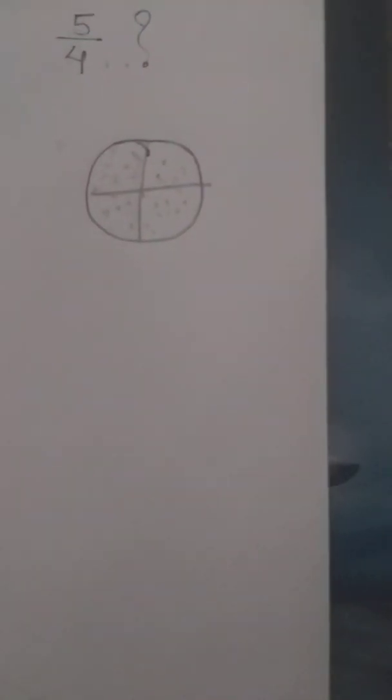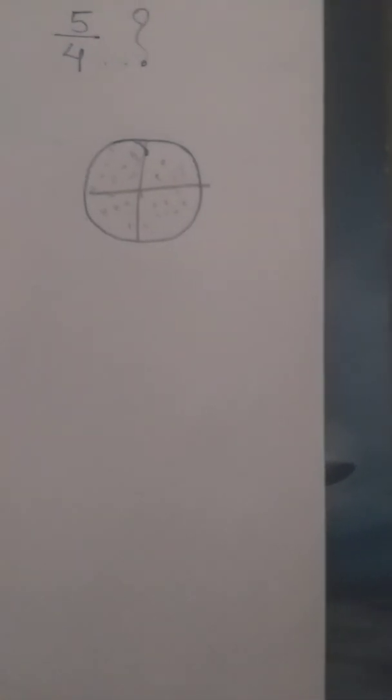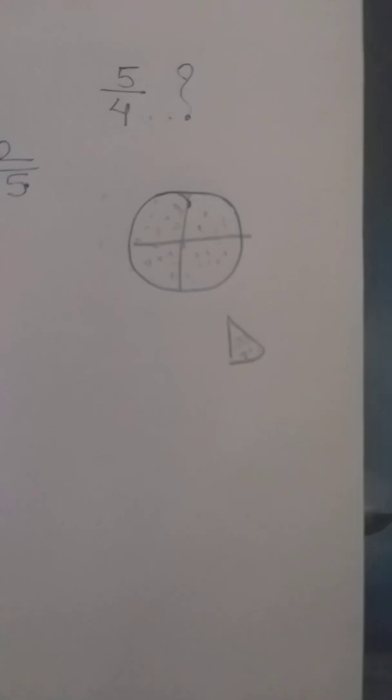Now 4 pizza slices I have put on the plate, but we have 5 pizza slices which we want to place on the plate. How do you do that? Well, you just place it over the other slice. We placed 5 parts over the 4 parts.